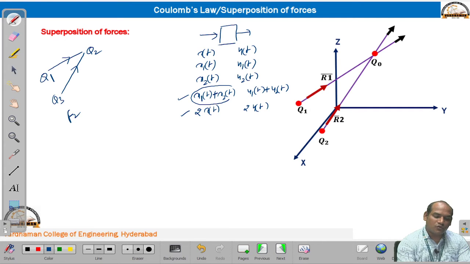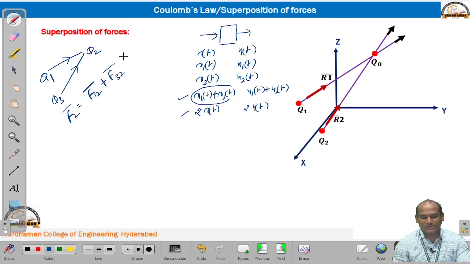So the total force on Q2, that is F2, is equal to the individual force F12 bar, which is the force on Q2 due to Q1, plus the individual force F32, that is the force on Q2 due to Q3. So we are following the additivity principle here. Similarly, whatever force you get on Q2 due to Q1, that is F12.